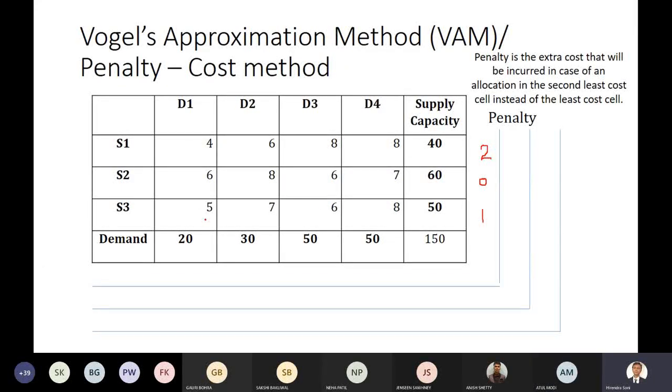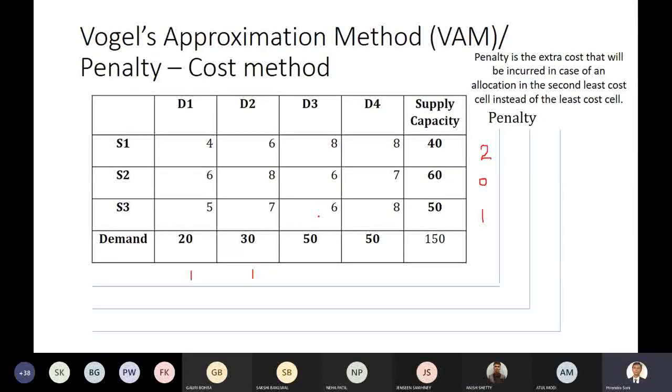This is my least cost cell. This is my second least cost cell. Now let's look at it column wise. So 4 and 5, 5 minus 4 is 1. So in this particular case, the penalty would be 1. What about here? 7 and 6. The penalty would be 1. What about this column?